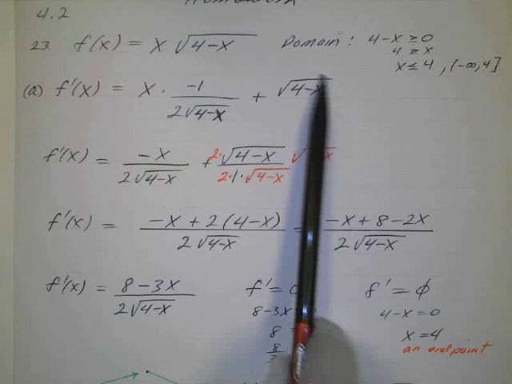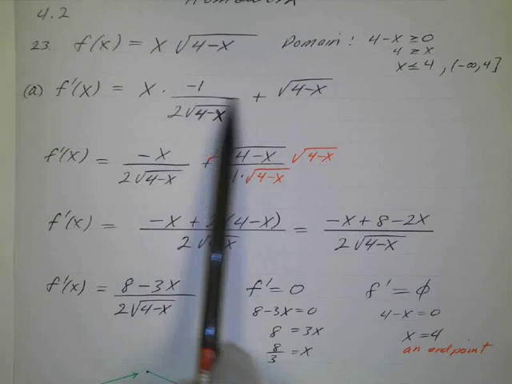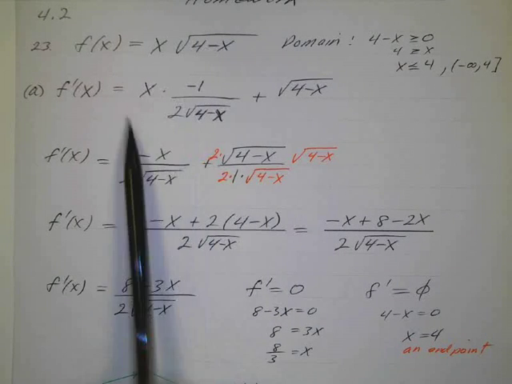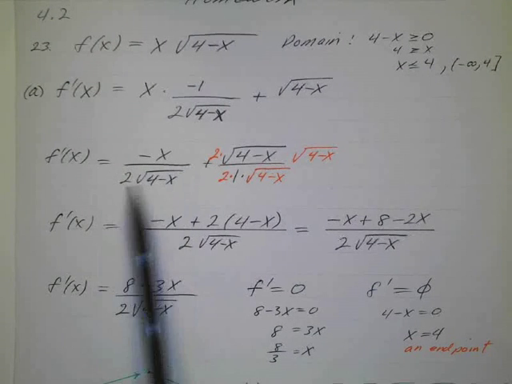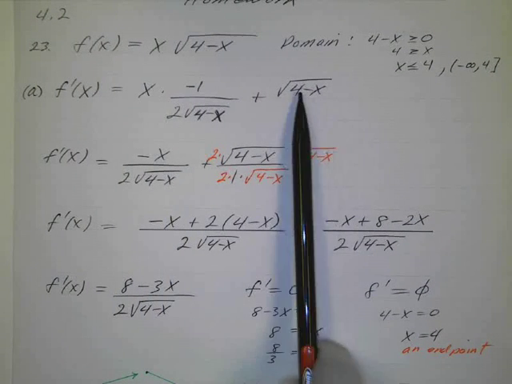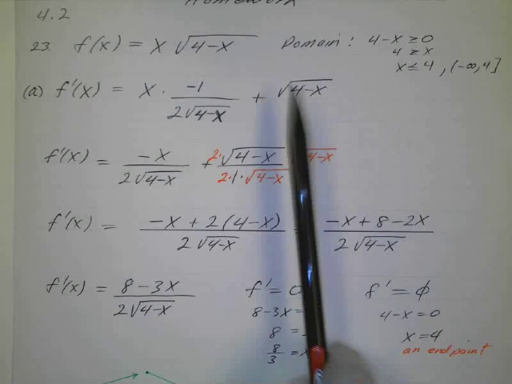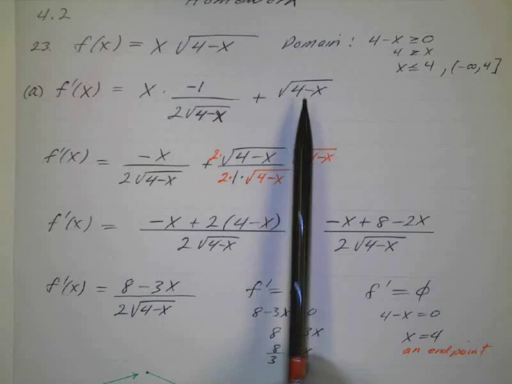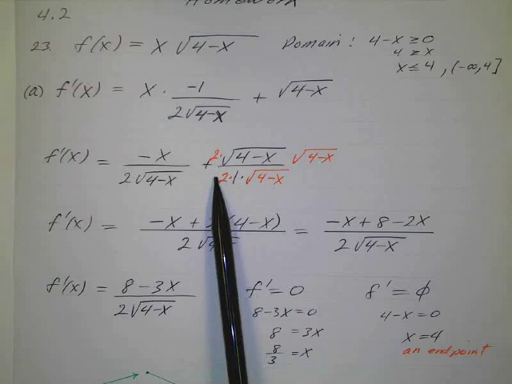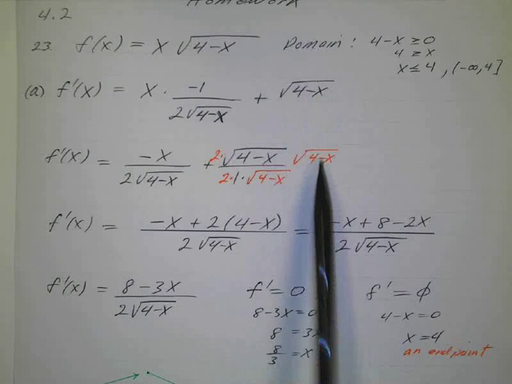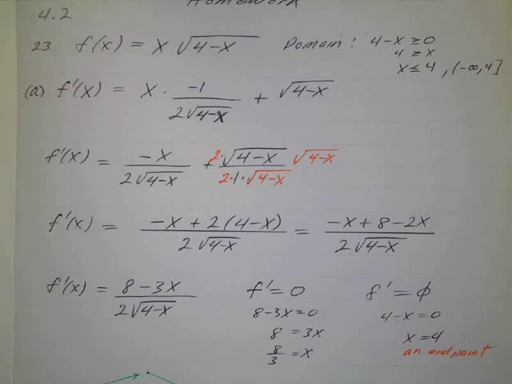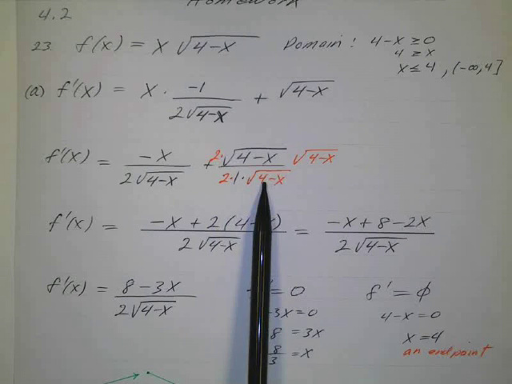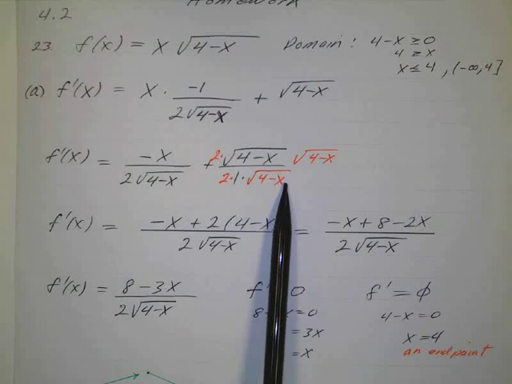And then we'll try to make it one fraction. So it looks like this will be my LCD. First of all, I'll make this negative x all over 2 times the square root of 4 minus x. And then I'll take this square root of 4 minus x and multiply the top and the bottom by 2 times the square root of 4 minus x to get a common denominator of 2 times the square root of 4 minus x.